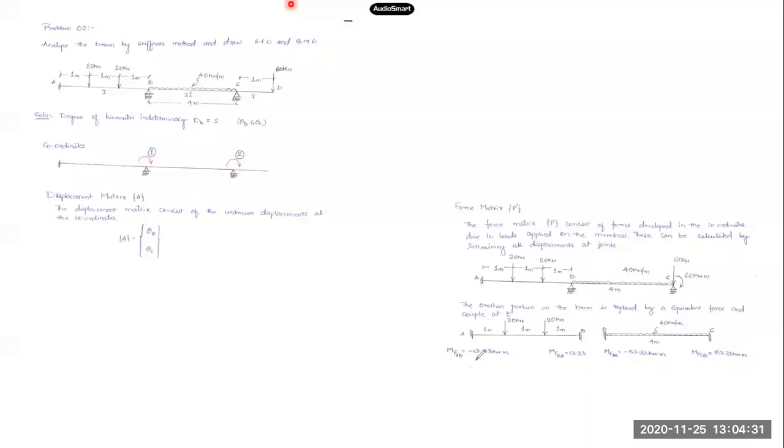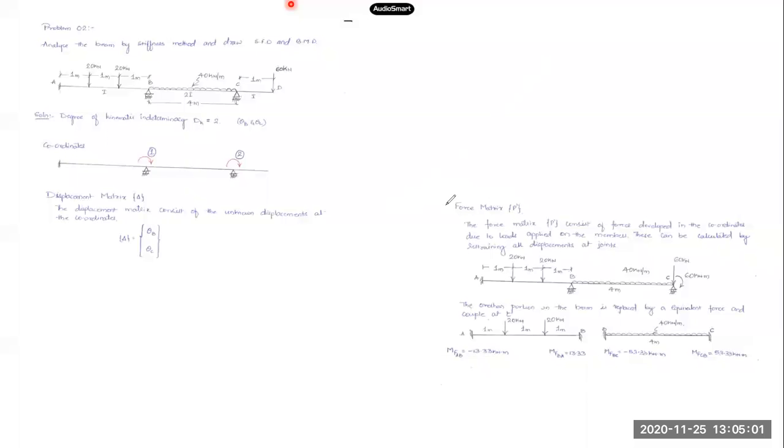It will be taken in the P dash matrix if any support settlement is given to you: minus 6EI delta by L square. That will give you the moment due to settlement and will be added over here. That is also a force developed in the coordinate due to the member loads, so it will be taken into member loads. So the P dash matrix will take care of settlement if it is given.